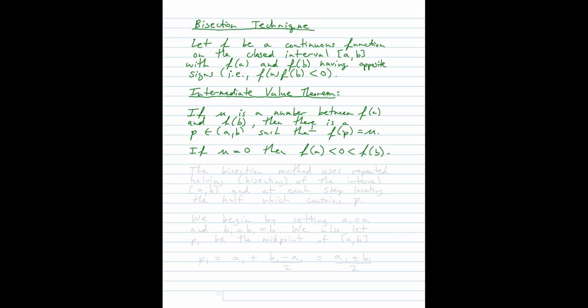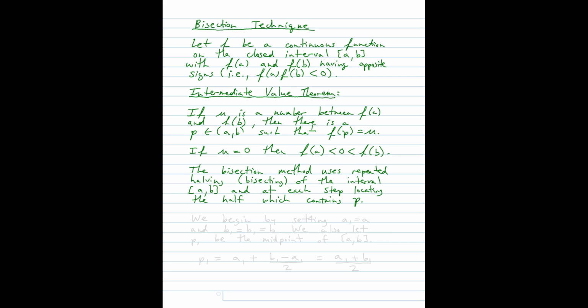The bisection method uses repeated halving of the interval [a, b], and at each step you locate the half which contains p. We can begin by setting a1 equal to a and b1 equal to b.